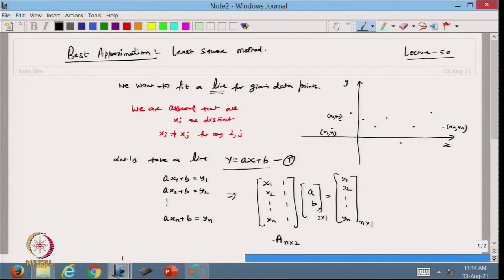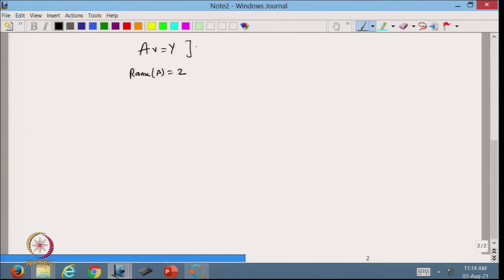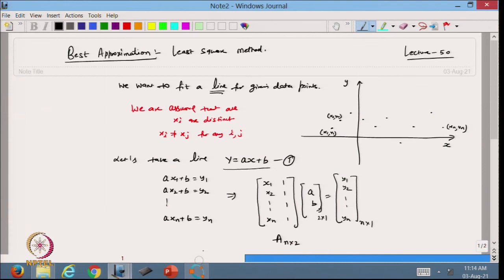This system has a number of equations greater than the number of variables. The number of variables is only 2. I want to find the values of a and b for this line. So I assume that this is the line which is going to fit the given data.